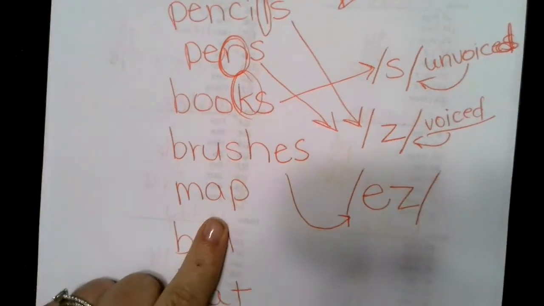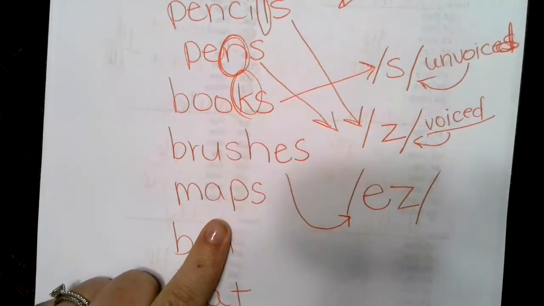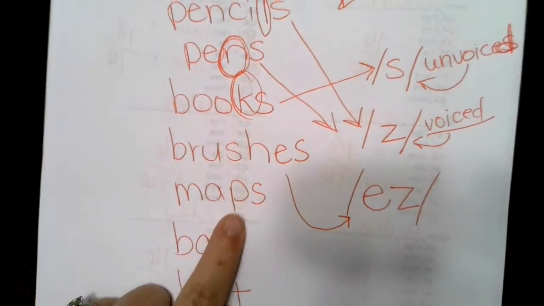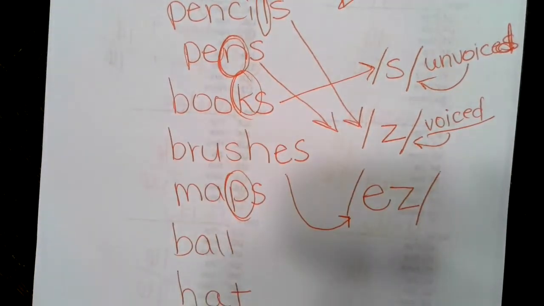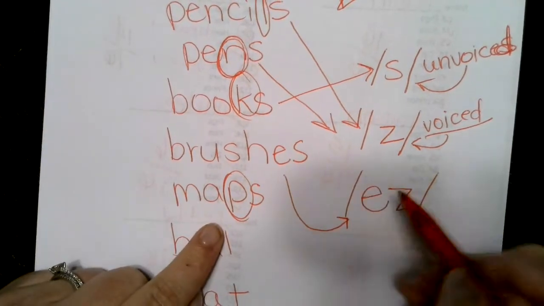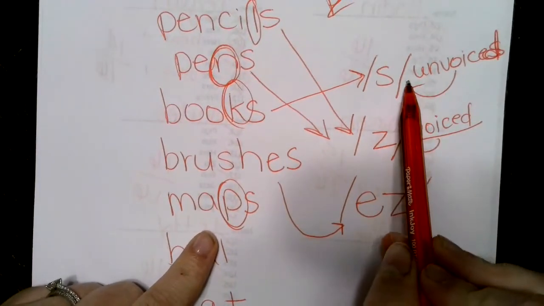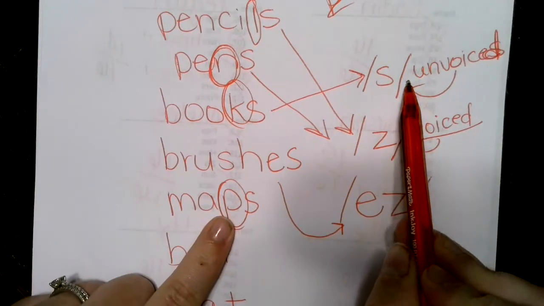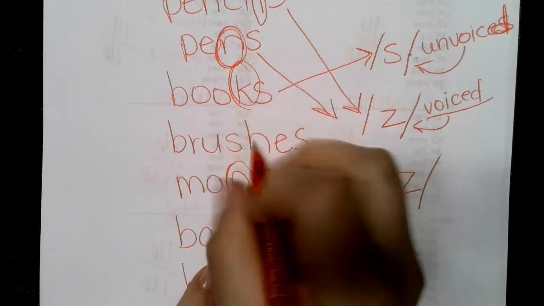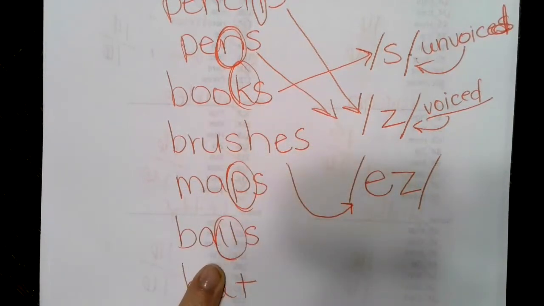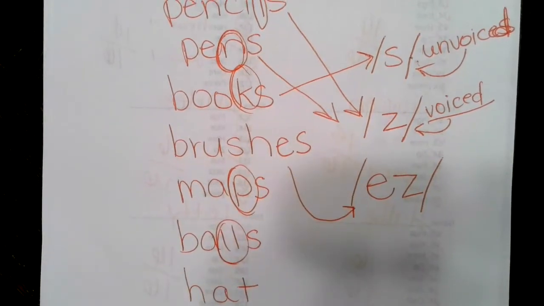Let's do this one. I add my S. The final sound is what determines what my S is going to say. Put your hand on your throat. Unvoiced, which means that it's going to be our good unvoiced S sound. S. Unvoiced N sound, unvoiced S. What about this one? Oh, ball.